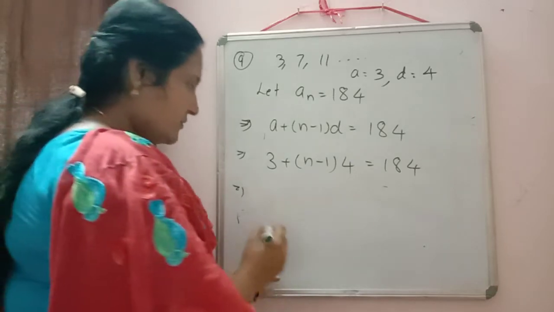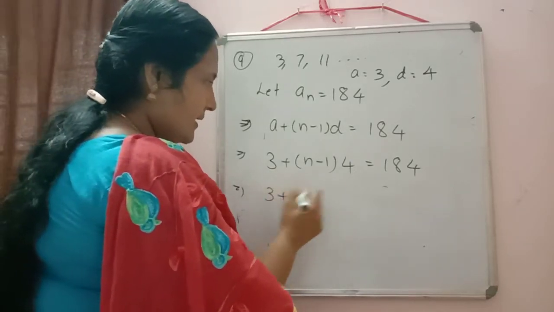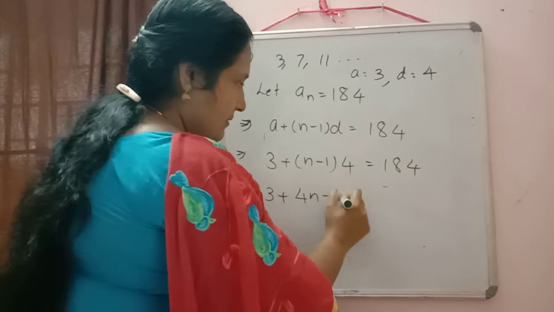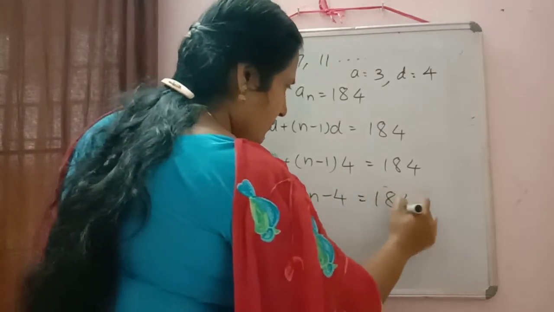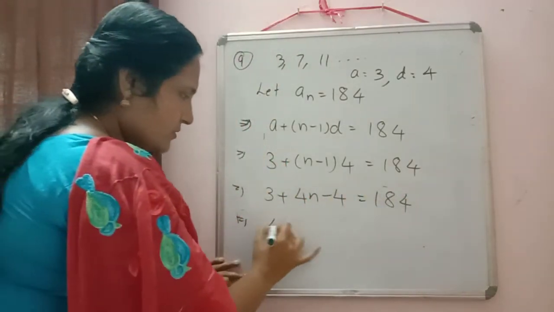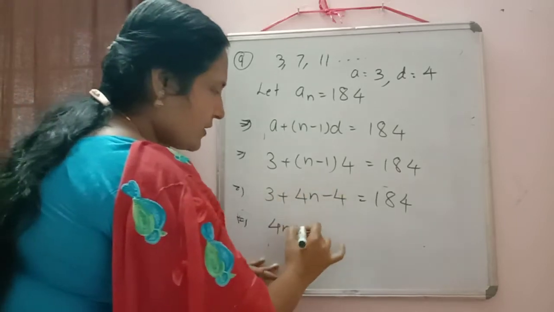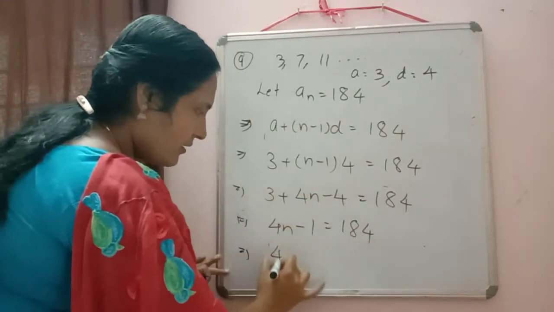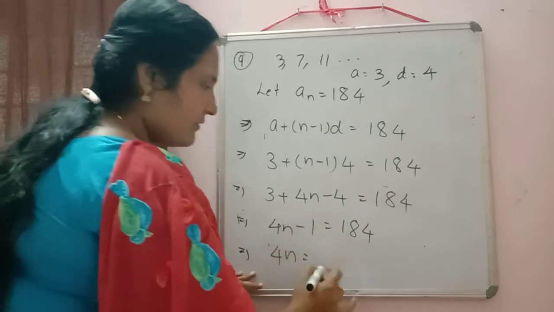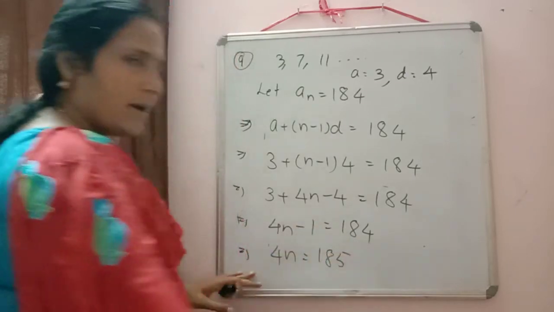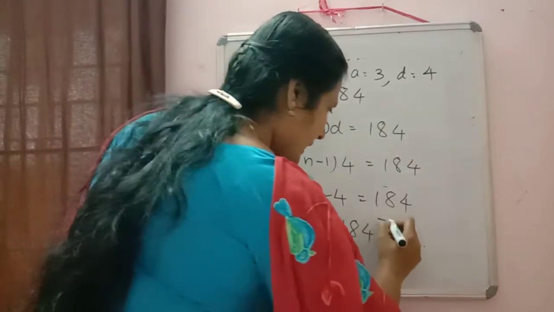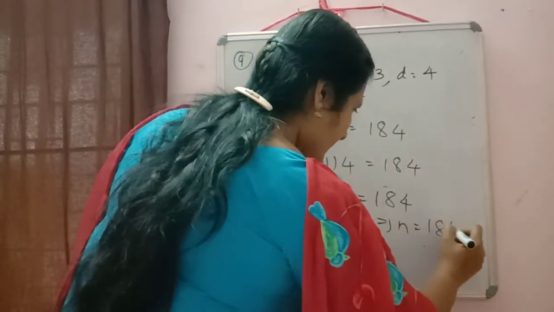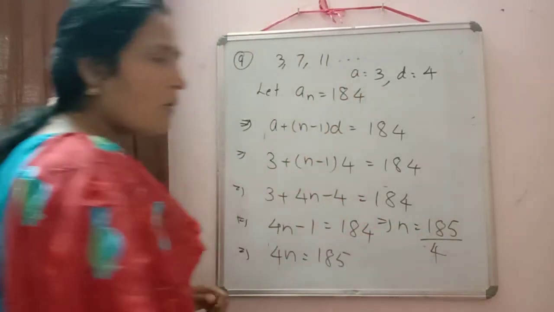Suppose I write here 3 plus 4n minus 4 is equal to 184. So we get 4n, 3 minus 4 is minus 1, is equal to 184, or 4n is equal to 184 plus 1, 185. So we get n is equal to 185 by 4.